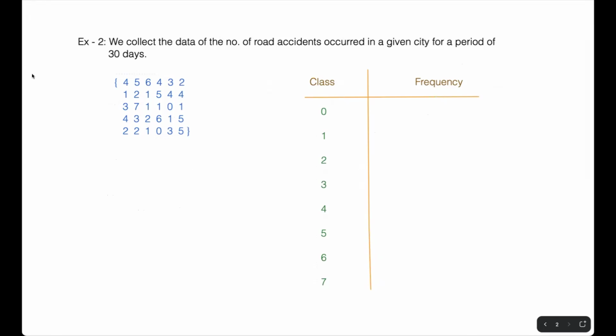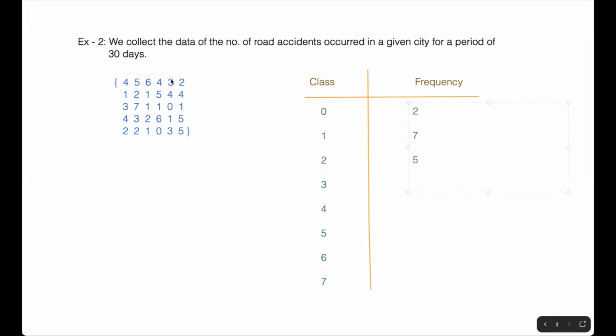So how many times did 0 occur in the sample? So 0 occurred only twice, right? So the frequency of 0 is 2. Then the frequency of 1 is, let's count, 1, 2, 3, 4, 5, 6, and 7. So 1 occurred 7 times. Then 2 occurred, let's count again, 1, 2, 3, 4, and 5 times, right?